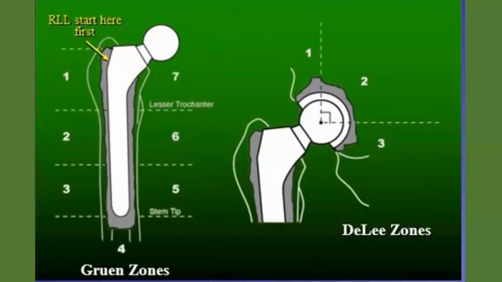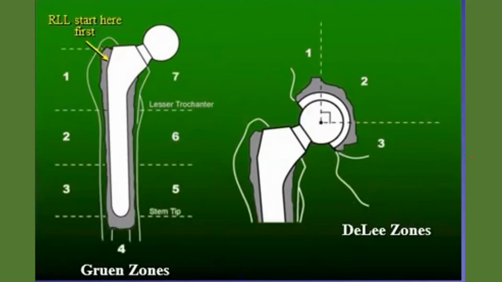You have to know also the areas of osteolysis. You have to know the Gruen zones and the DeLee zones. The Gruen zones are 7 zones, and it starts first in the greater trochanter and moves around.